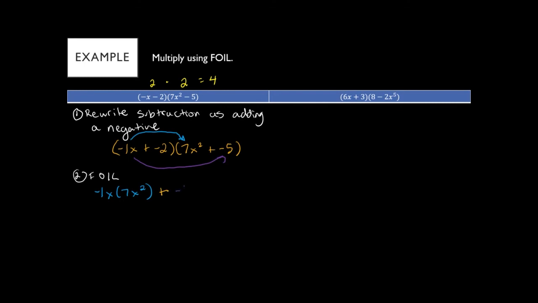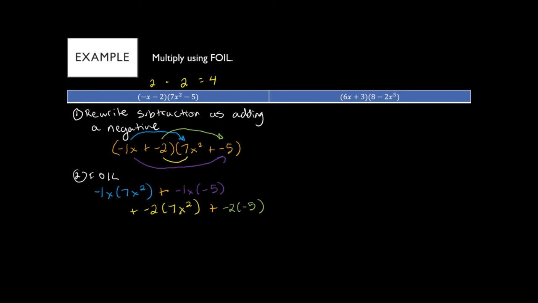That's going to be negative 1x times negative 5x. Then we have the inside terms. I'm going to just put this off to the side here. Negative 2 times 7x squared. And then your last terms: negative 2 times negative 5.